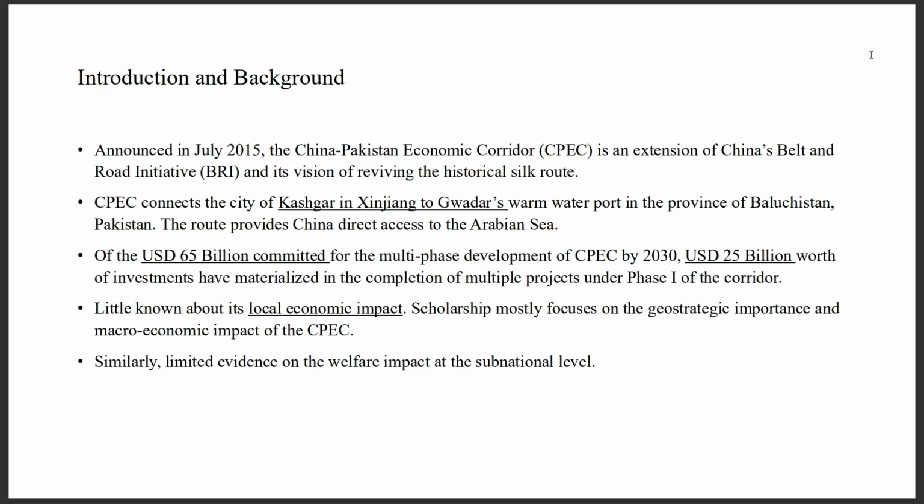So a bit of the context of CPEC. I'm assuming that everyone knows what the China-Pakistan Economic Corridor is, but it's mostly an extension of the Belt and Road Initiative from the Chinese government. CPEC basically connects the region of Kashgar in Xinjiang to the warm water port in Gwadar.